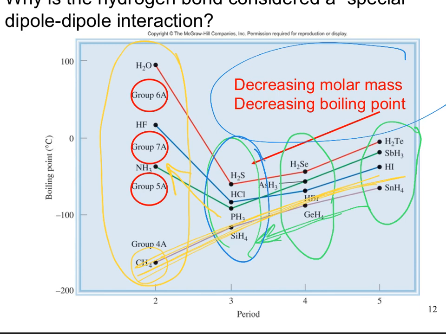Why is it that when I get to n equals 2 on the periodic table, the second row, where carbon, nitrogen, and oxygen sit, three of them shoot way up, out of the trend we would have expected, and one of them stayed on track?